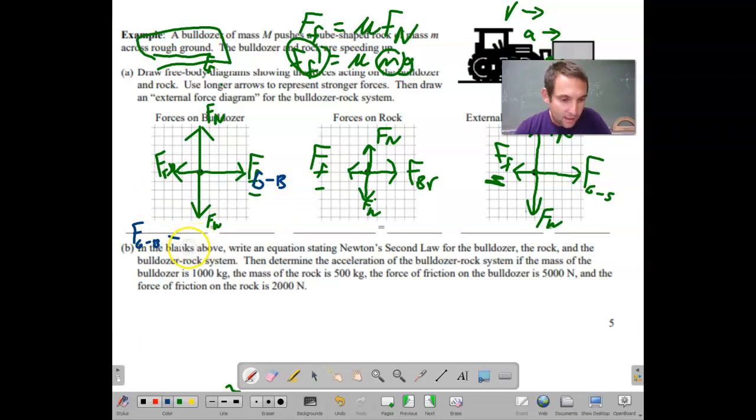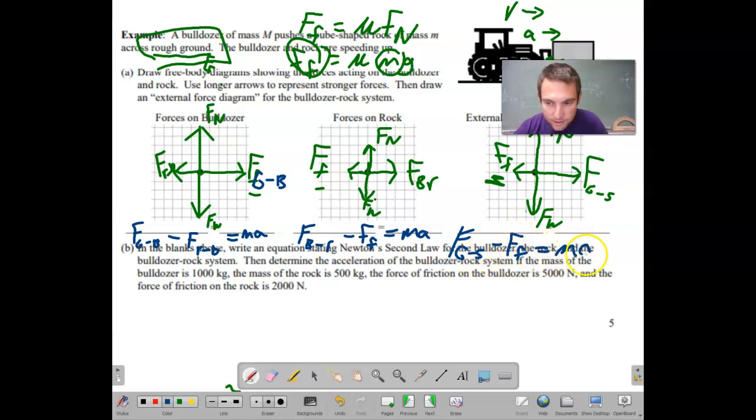Minus what's holding it back, the force of the rock on the bulldozer, equals mass times acceleration. For the rock, things making it go, well, we still know that it's going to the right, so it's the force of the bulldozer on the rock minus this frictional force equals mass times acceleration. And for the system, the force of the ground on the system minus our frictional force equals mass times acceleration.